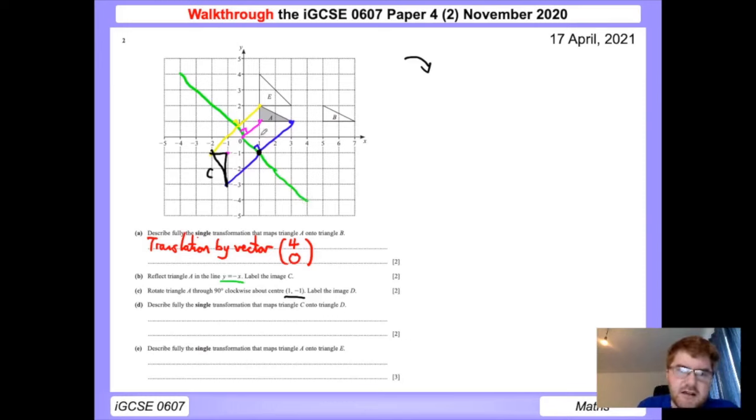So notice that in order to work out the rotation, we know it's roughly going to be over here because we're turning this direction. The way we would find this out, to keep it fairly straightforward, is that it's going to make a right angle with where the new point is going to be, and it's going to be the same distance as well. So this point here is going to be rotated to here.